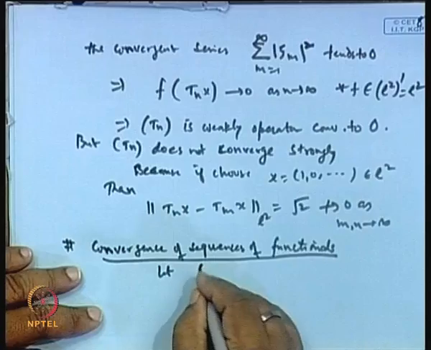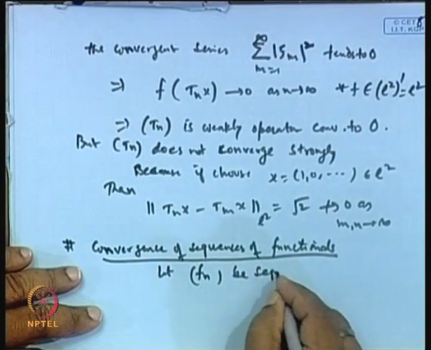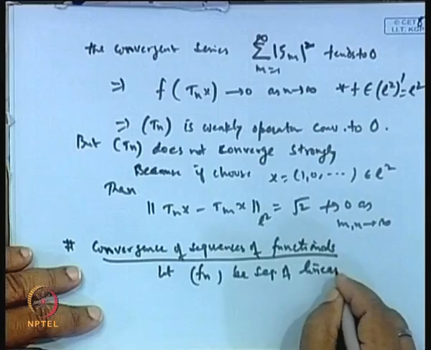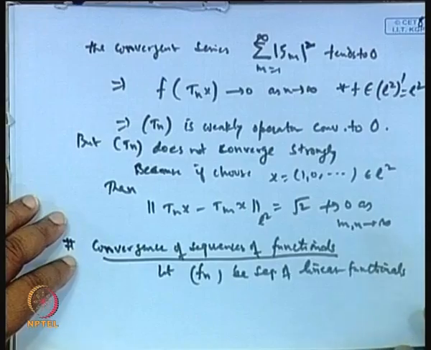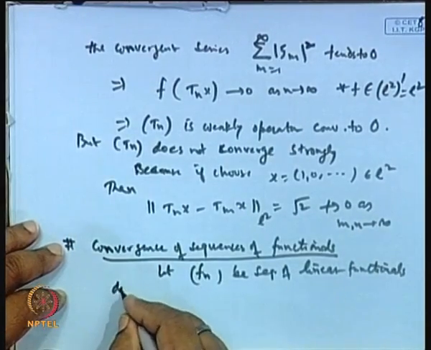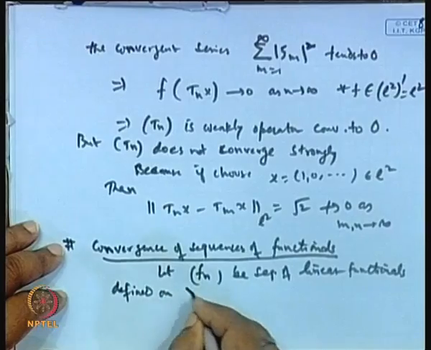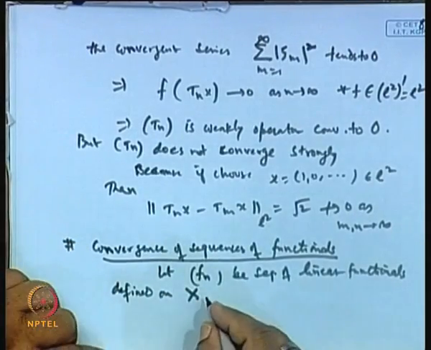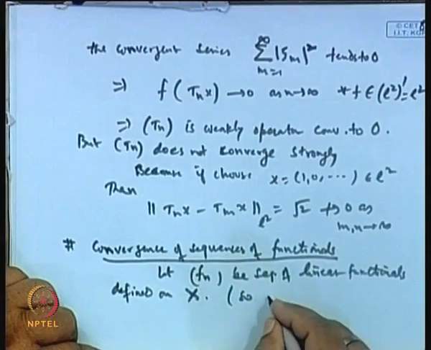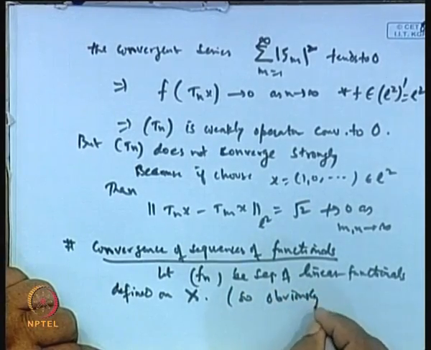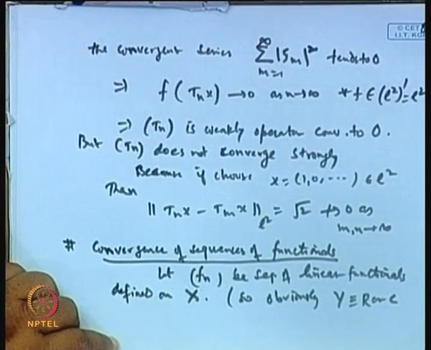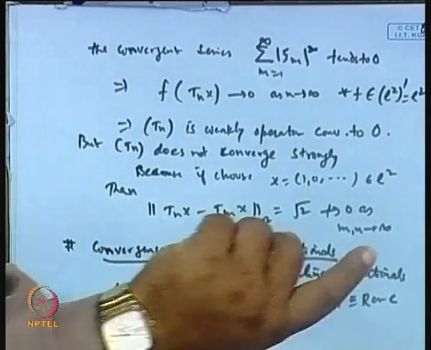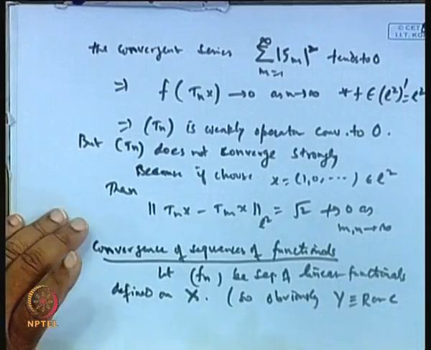So, let F_n be a sequence of linear functionals defined on X. Since they are functionals, obviously Y is R or C, because a functional maps the point x to a real or complex scalar.